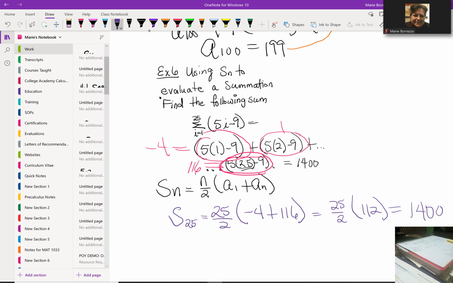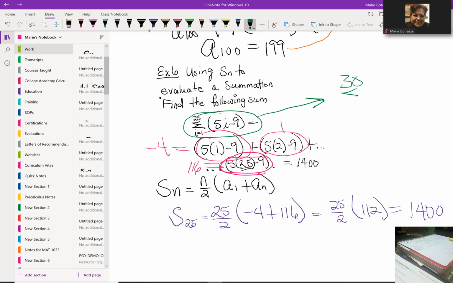And that will take us a lot less time than if we do it the long way. Just saying. If you want to try one for practice, let's do this one. It's the same question stem as this. I'm just going to change this to 30, with the summation starting at i equal to 1, given the formula 6i minus 11. Remember, I showed you how to do that in Excel as well, but you won't have Excel during your test.